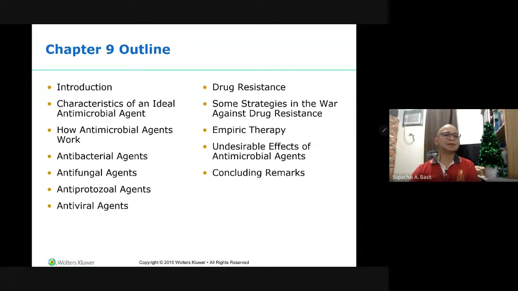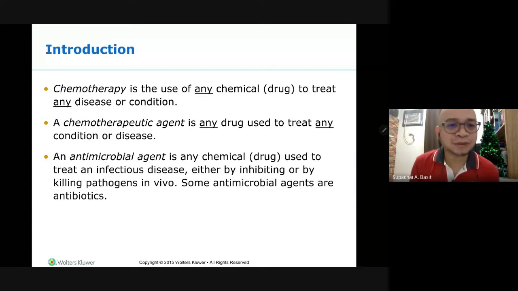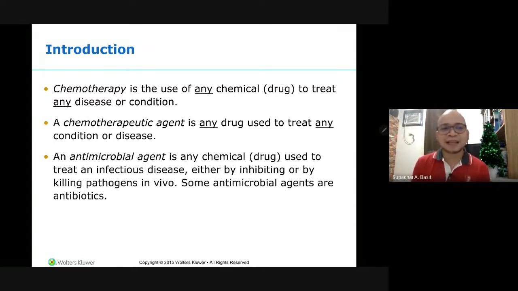So how antimicrobial agents work, antiviral agents, antibacterial agents, antifungal agents, antiprotozoal agents, then drug resistance, and then we will also be discussing some strategies in the war against drug resistance, empiric therapy, and then undesirable effects of antimicrobial agents. So let us discuss first the term chemotherapy.